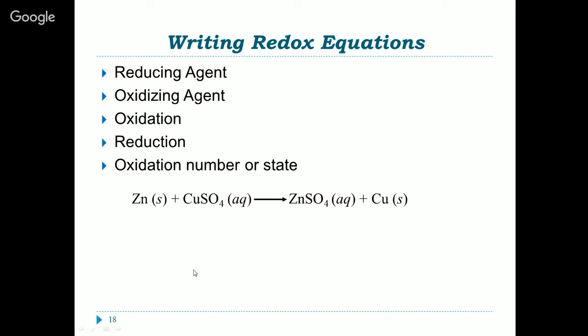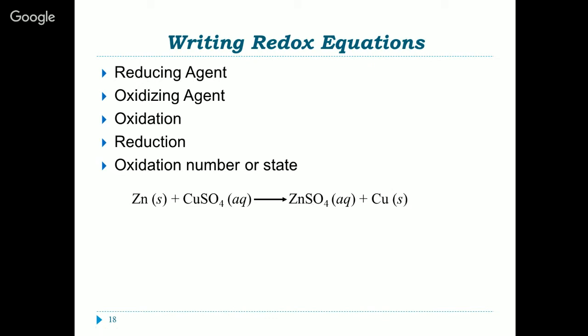So once again, zinc is a standalone metal here. It's not bonded to anything, so it has a charge of 0. Copper sulfate, well, I know that the charge on sulfate is a -2. That means copper has to be a +2 here. Zinc, now that it's bonded with sulfate, SO4 still has a -2 charge.